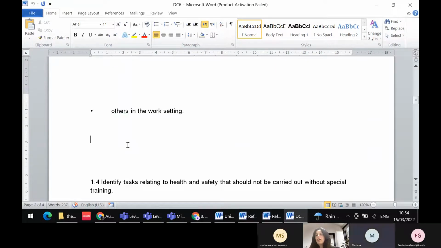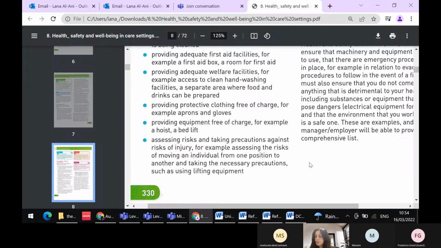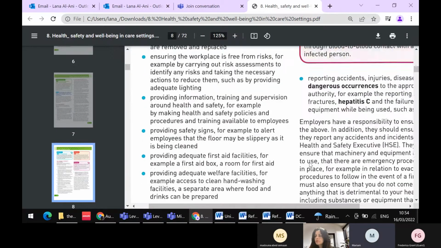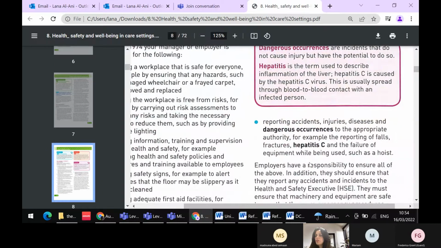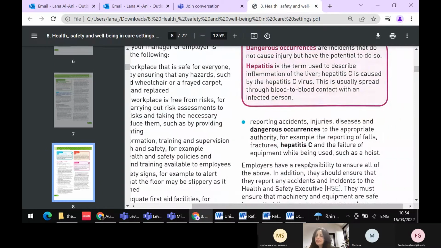How about others in the work setting? What are the responsibilities of others? Also, we haven't spoken about this, it is one of the management responsibilities as well.